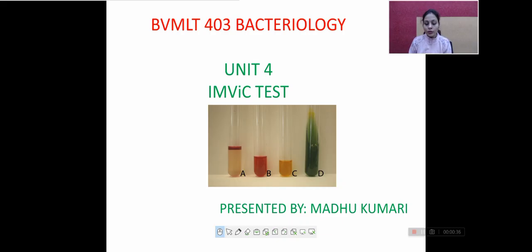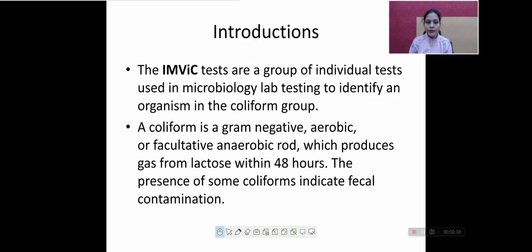So first, what is the introduction? The IMVIC tests are a group of individual tests used in microbiology lab testing to identify an organism in the coliform group. Mainly this test confirms the coliform group of bacteria, right? So what is a coliform? Coliform is a gram-negative aerobic bacteria or facultative anaerobic rod which produces gas from lactose within 48 hours.